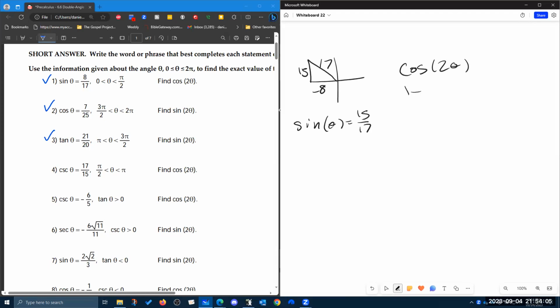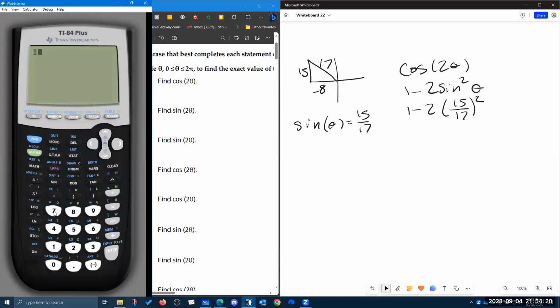So we're going to have 1 minus 2 sine squared theta again. 1 minus 2 times 15 over 17 squared: 17 squared is 289 minus 2 times 225.